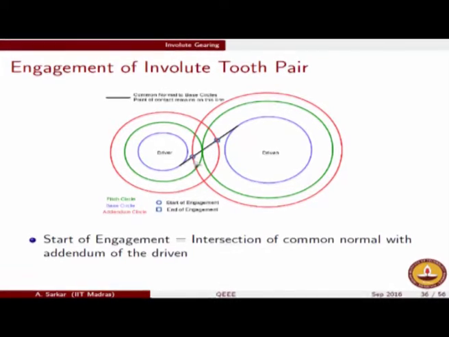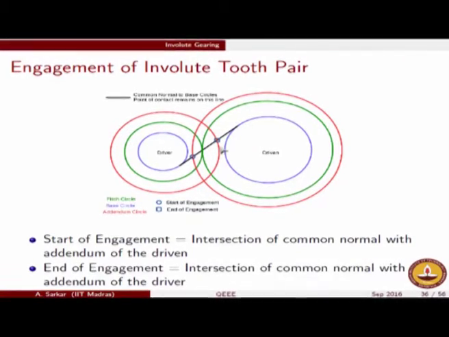So the point where the engagement starts is the point of intersection between the addendum circle and the tangent to the two base circles. So start of engagement is the intersection of the common normal, which is shown in black color, or common internal tangent to the two base circles, which becomes the common normal of the two involute tooth profiles. Wherever that intersects with the addendum of the driven, that is where the engagement starts. Similarly, the engagement finishes. The end of engagement is where this common normal intersects with the addendum of the driver.